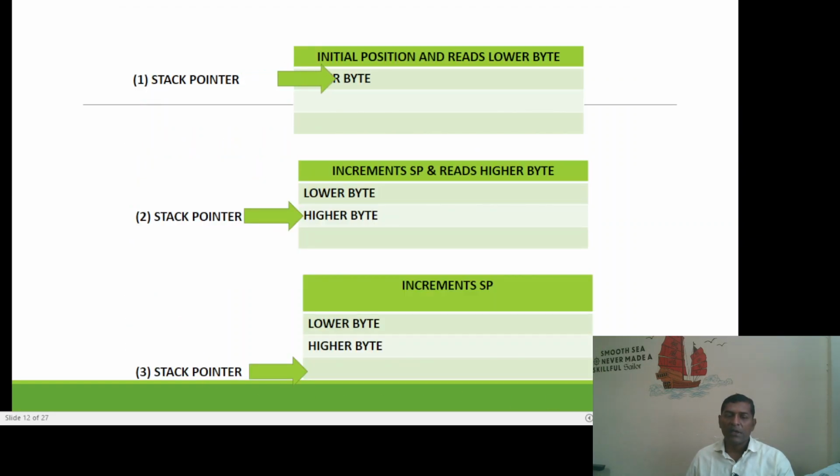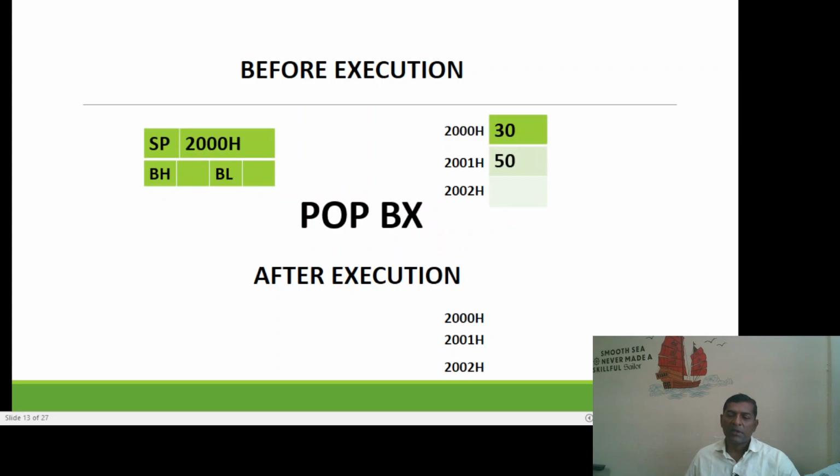Now we will see how it works. First of all, the stack pointer is pointing to this position. It will read the lower byte first, then read the higher byte, and then the stack pointer is incremented. So this is how we understand the operation, with the example of POP BX register.